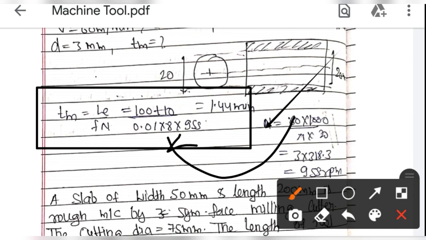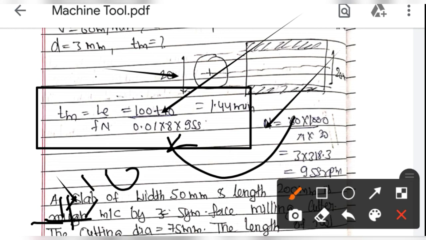Remember that here we have to find the compulsory allowance, which is X equal to D by 2. D is 20 over here, so X equal to 20 by 2, which is 10, the compulsory allowance for slot milling.